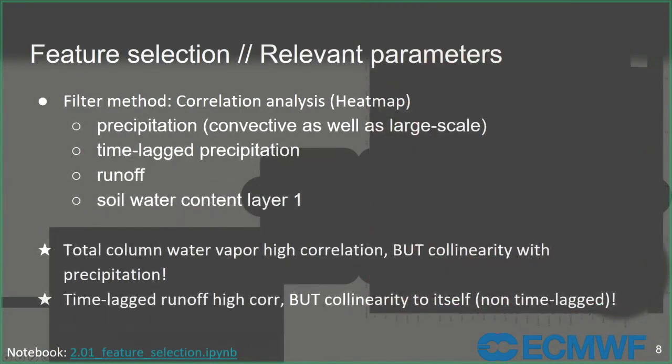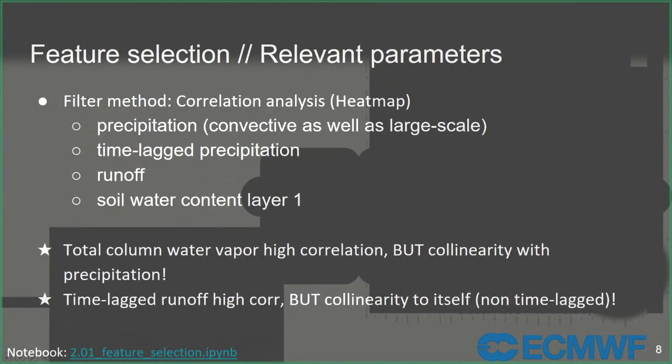The result of the correlation analysis was then that the most important from a linear correlation point of view was precipitation, convective as well as large-scale precipitation, the time-lagged ones, and runoff. But what was also seen is that the total column water vapor time series tracked especially the precipitation time series.